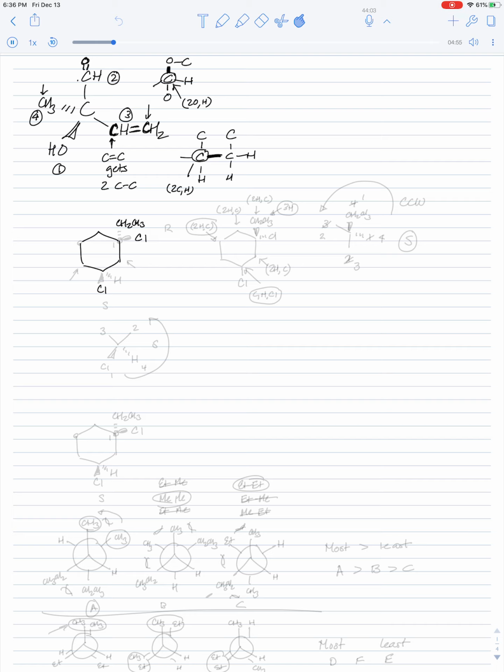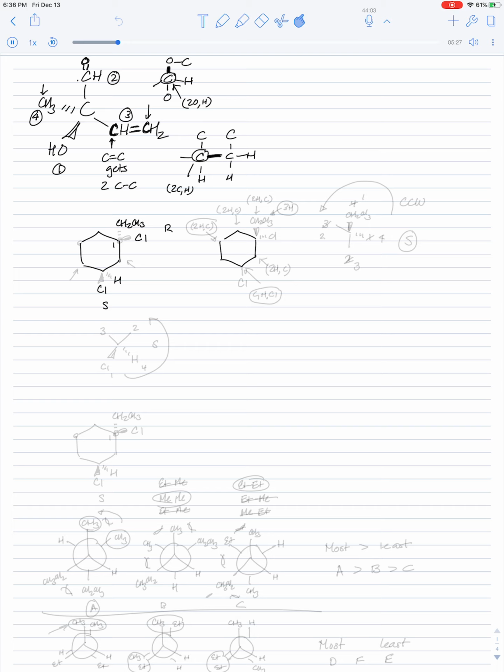Okay. And so the first thing we would have to do for this molecule is write it so that carbon number 1 is, what was it? RS. R, and then the other one was S. So we have to put our bold and dashed wedges to make this R. You could just guess.